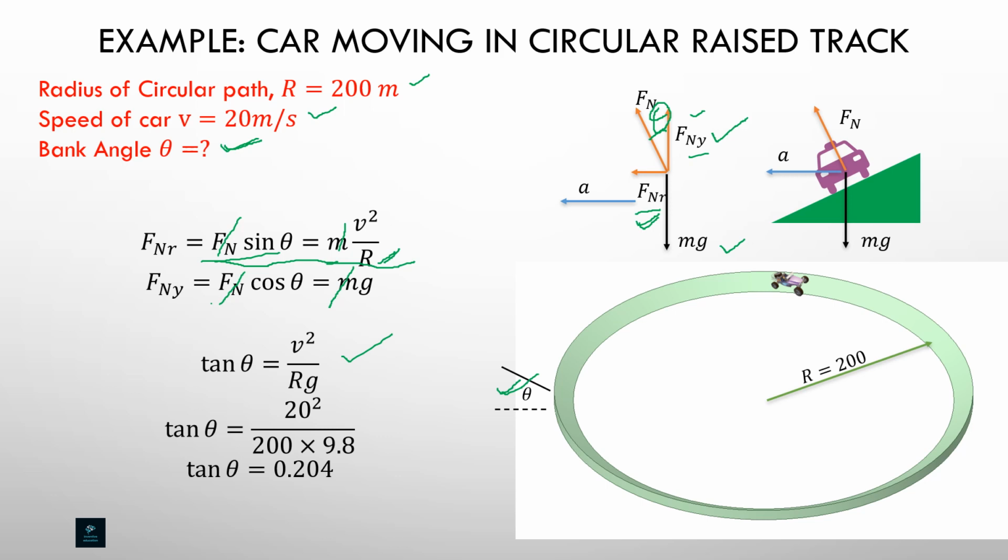This gives tan theta as 0.204, and from here we find theta as 11.5 degrees. So the required bank angle of the racetrack is 11.5 degrees, such that a car moving at a speed of 20 meters per second does not slide off the road even in the absence of friction.